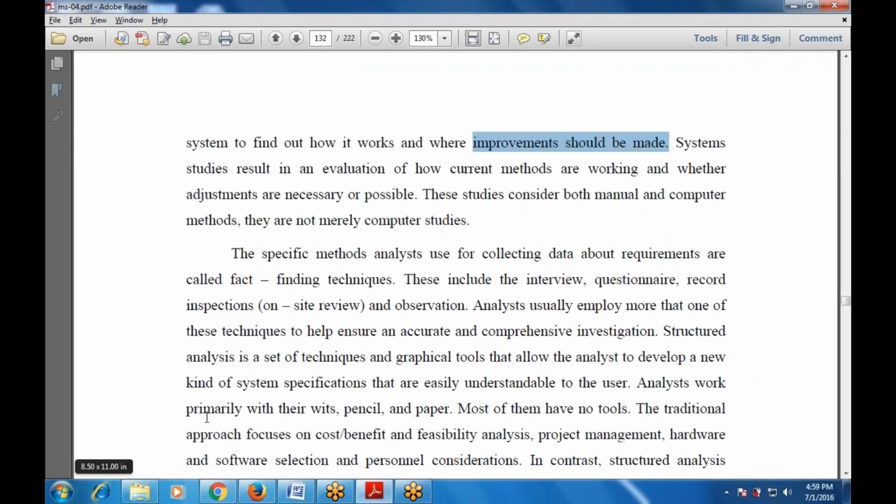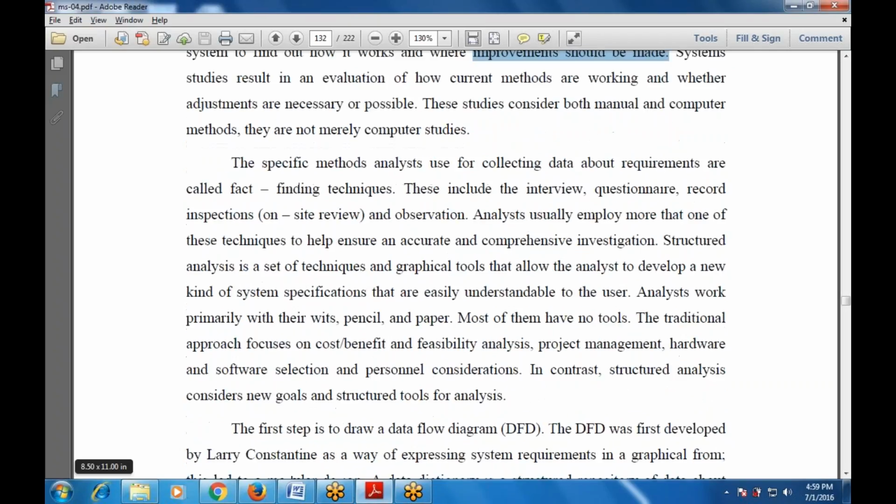The specific methods analysts use for collecting data about requirements are the fact-finding techniques. These include interviews, questionnaires, record inspection, that is the on-site view, and observation.